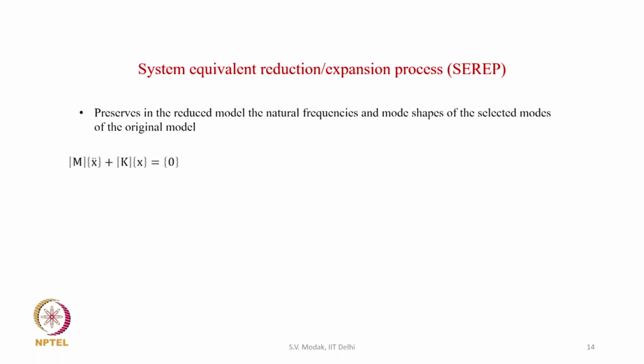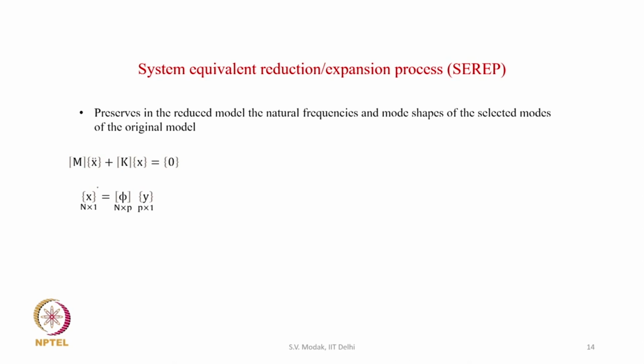This preserves in the reduced model the natural frequencies and mode shapes of the selected modes of the original model. So, let us consider the equation of motion for the free vibration of an undamped system, M x double dot plus K x equal to 0. Now this technique involves transformation of the displacement coordinates x into modal coordinates y, using the p selected modes.